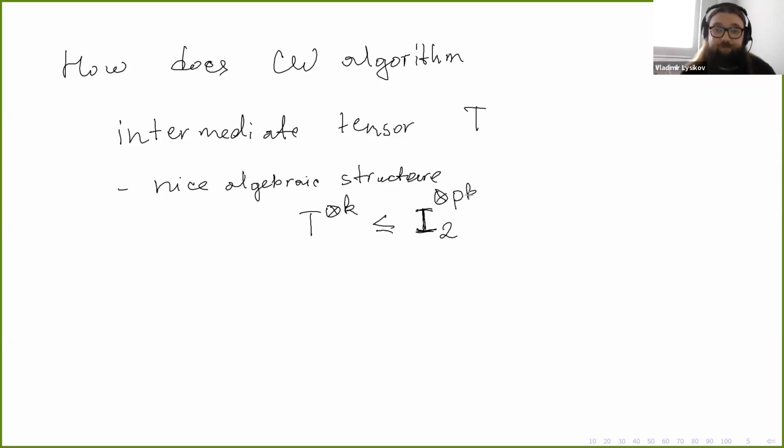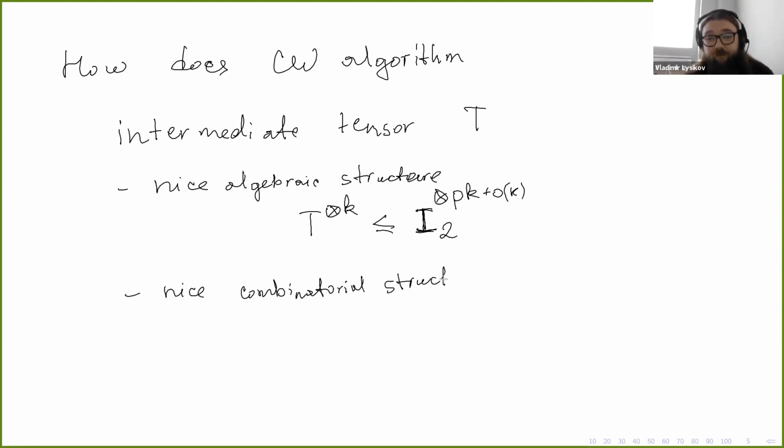So let's say we have this kind of restrictions between tensors. And it also has nice combinatorial structure, which allows us to extract matrix multiplication from it.